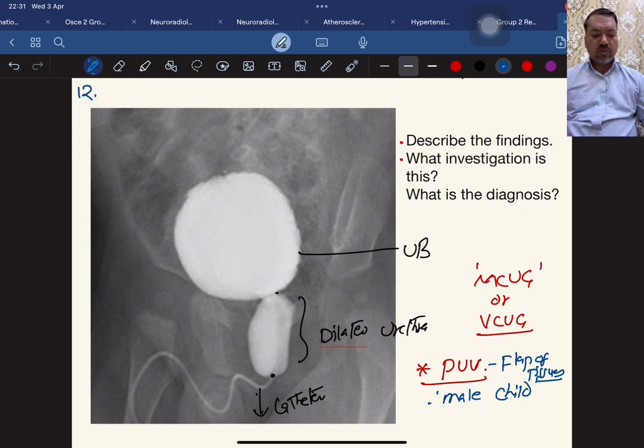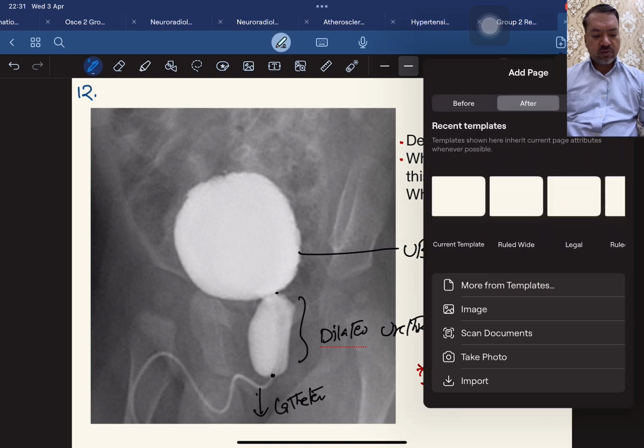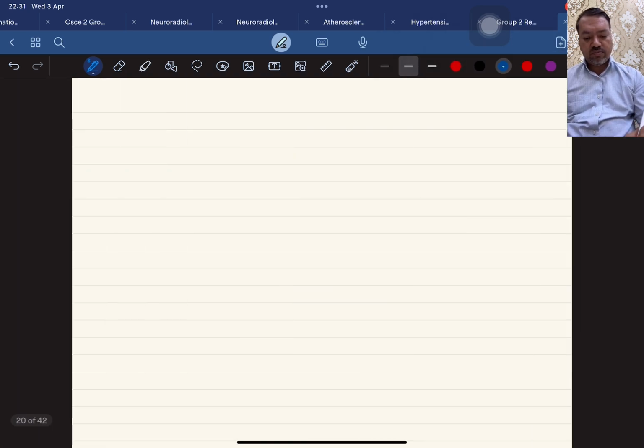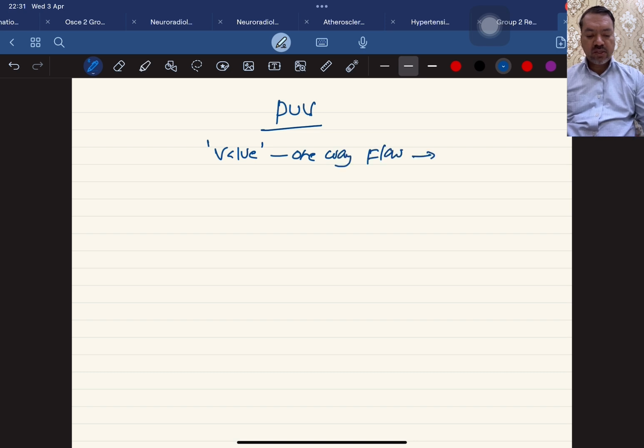Now what is the problem with them? I want to discuss a little bit here. The problem with PUV is that they act like a valve, and a valve is always one-way flow. So what does that mean? That means the urinary flow is obstructed.